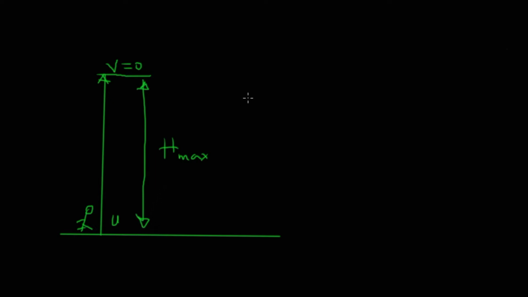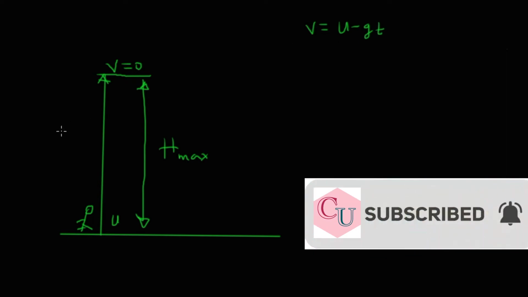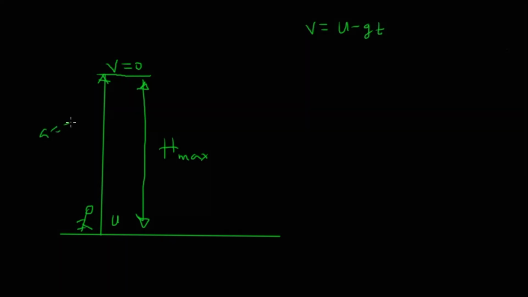Now the equations of motion for such motion are v equals u minus gt, because it's moving upward, so acceleration is negative, and h equals ut minus half gt squared. Also v squared is equal to u squared minus 2gs.